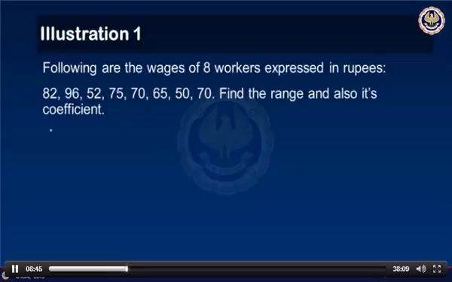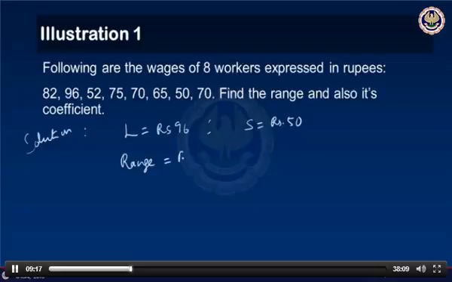According to the definition of range, we can find the range as follows. First, we have to identify the largest number. The largest number is rupees 96 and the smallest number is rupees 50. Thus the range is rupees 96 minus rupees 50, that is rupees 46.